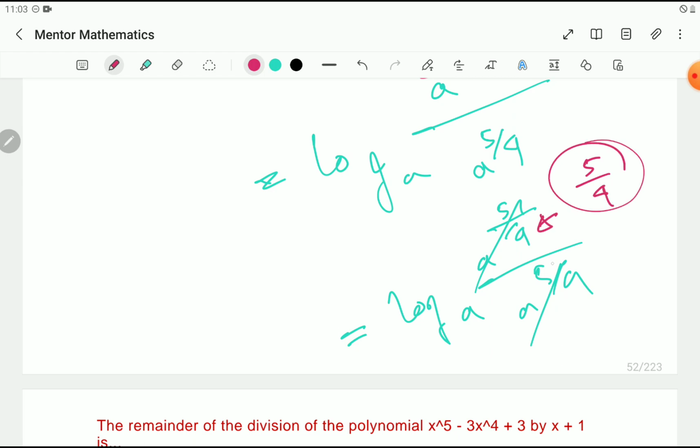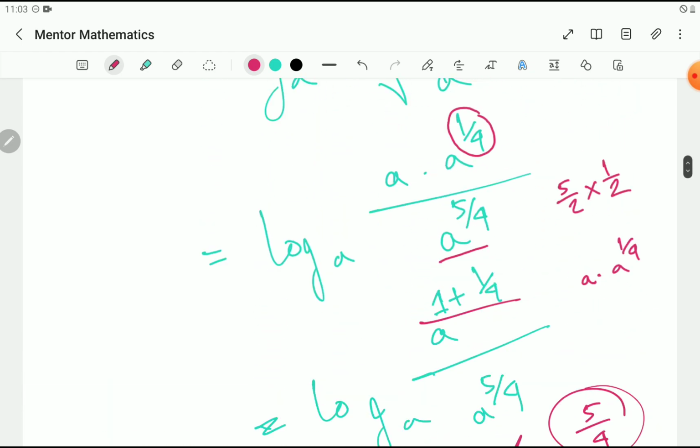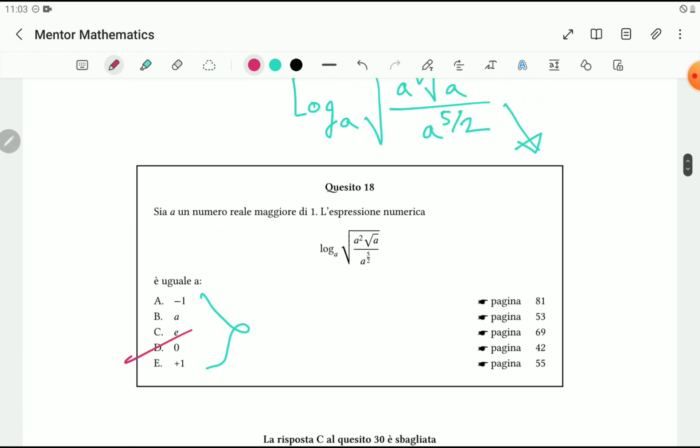So the numerator and denominator have the same value, then we can just cancel them out, so it becomes unity, that is log A of 1, and we know log 1 equals 0. So our answer is D.